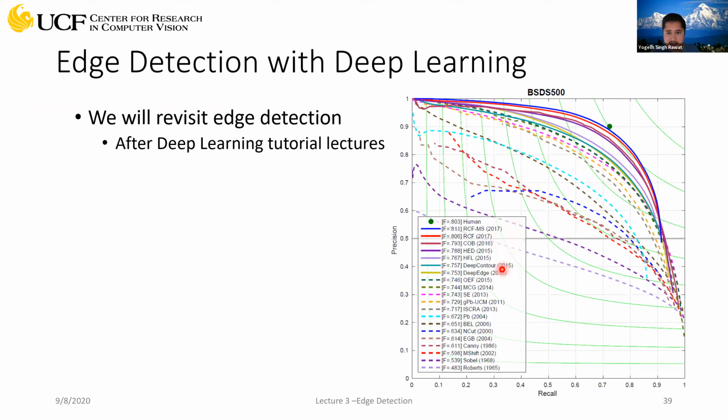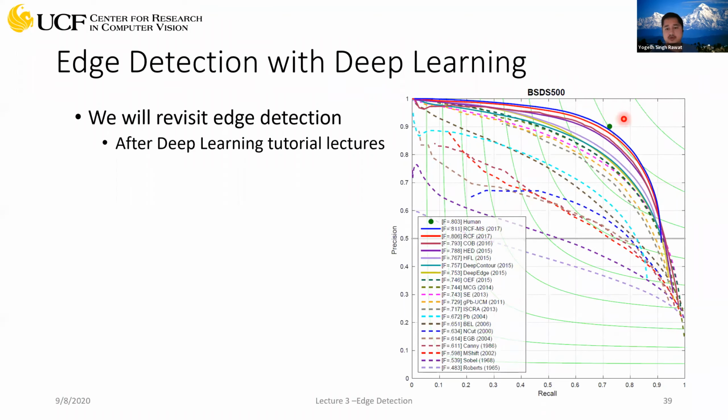And you can see that after 2013, I think these are deep learning methods. So you can see a big, huge improvement over here. These are all classical approaches. And this method, I think it's not recent, it's from 2017 and it's very close to human level performance, this blue curve here.